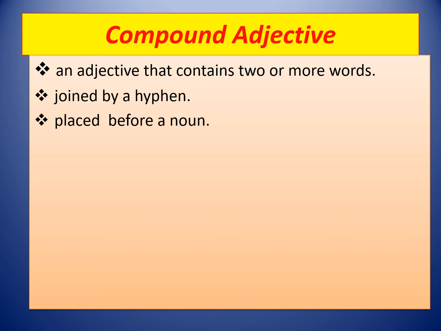But sometimes it can be placed after the noun also. Compound adjective acts as a single idea. Students, we have to remember these 4 points about compound adjective. Let us see the example.